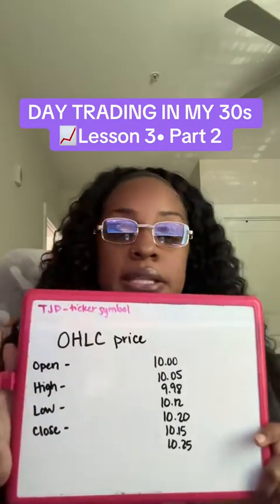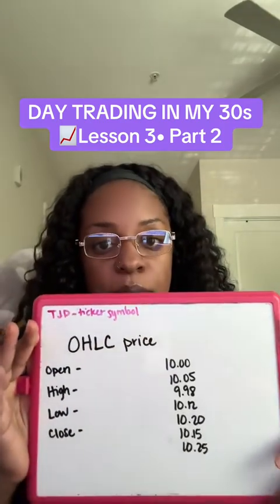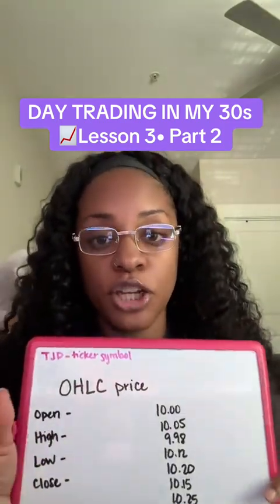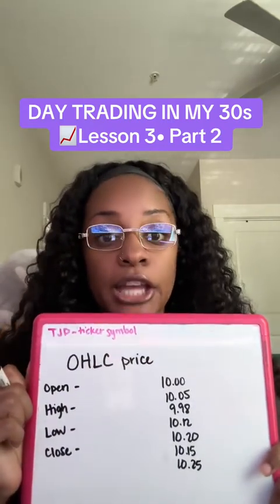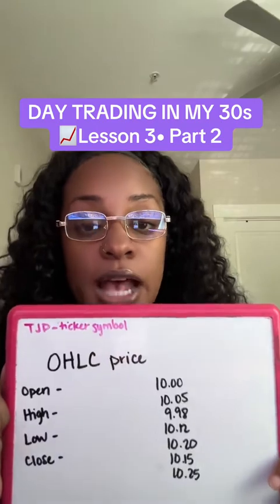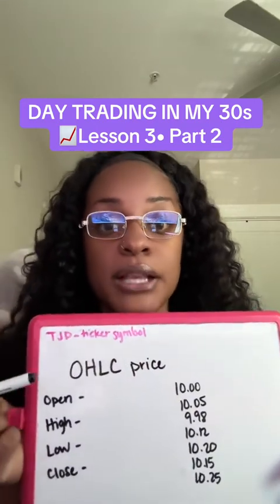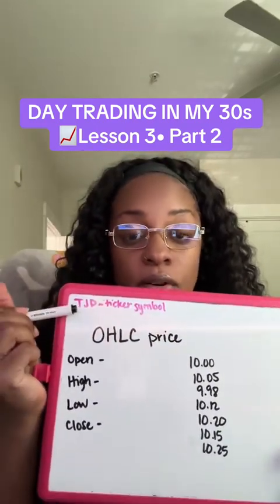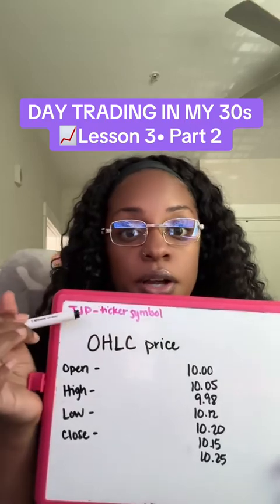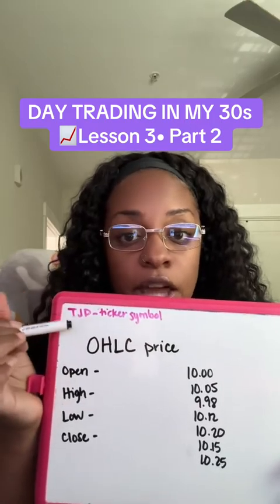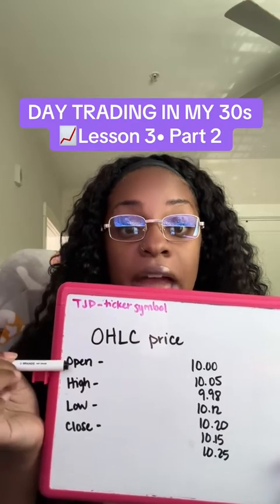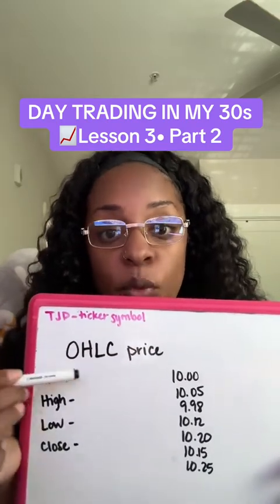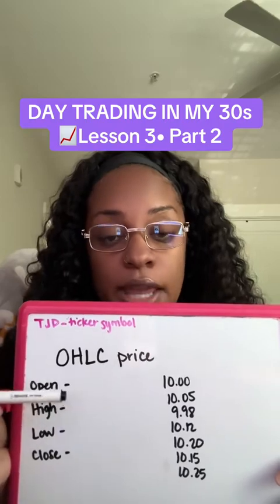Now, open means the price at the beginning of the candle's time period. So if I have a 5-minute interval candle and I open it at 9:30, the beginning of that time was 9:30. So whatever price that stock was, whatever stock I'm looking at, when 9:30 opens, that is the open price when that candle starts.